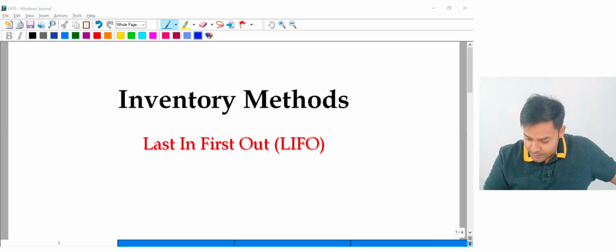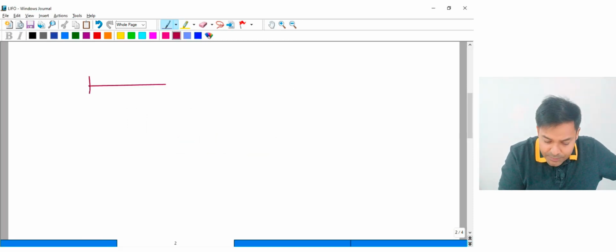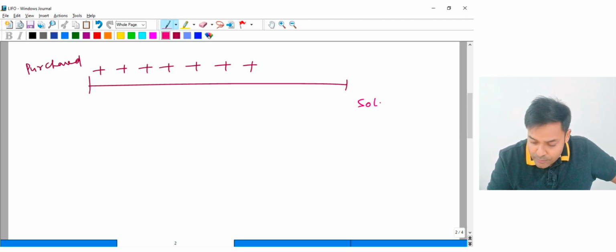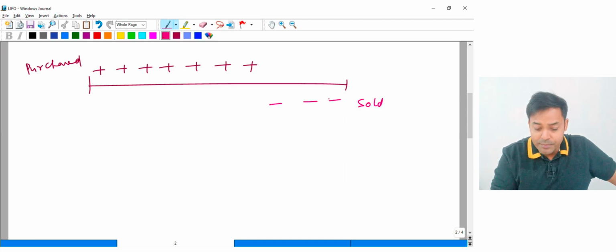So let's see. That means if these are the items you purchased during the year, and out of that you have sold, let's say, 3 items, it's last in, first out.